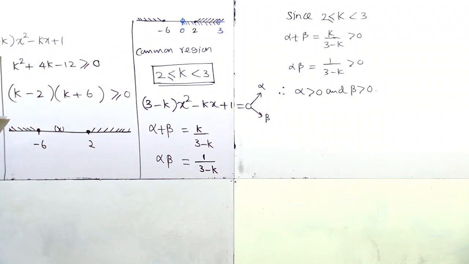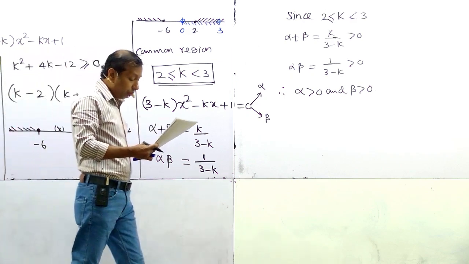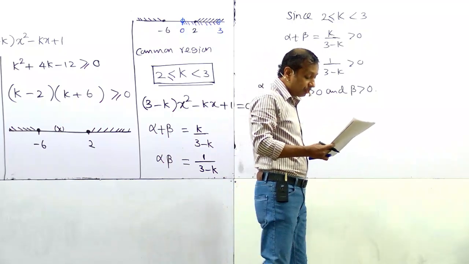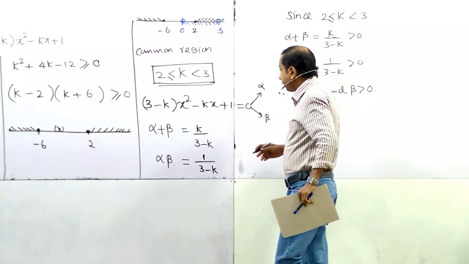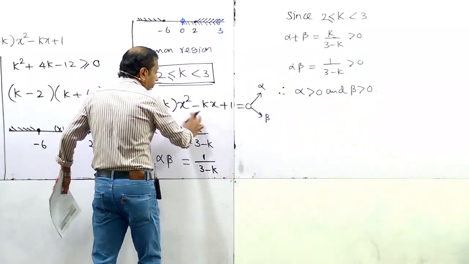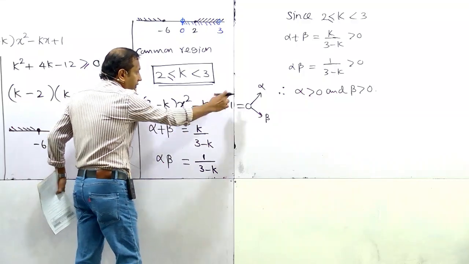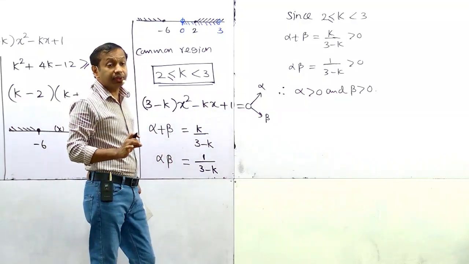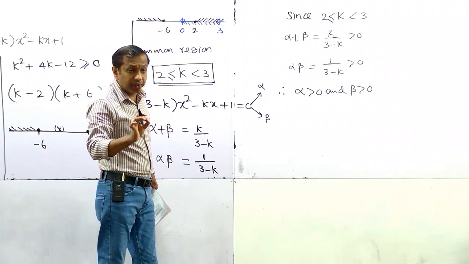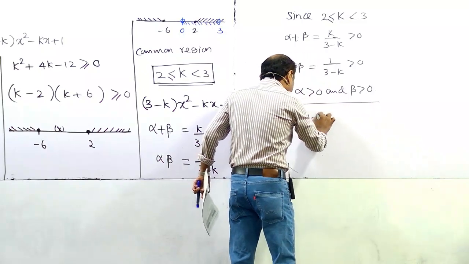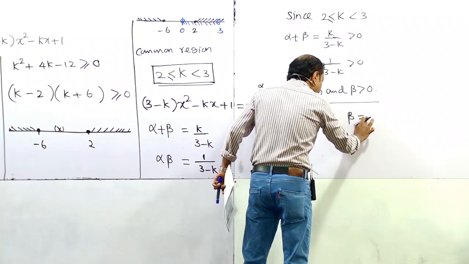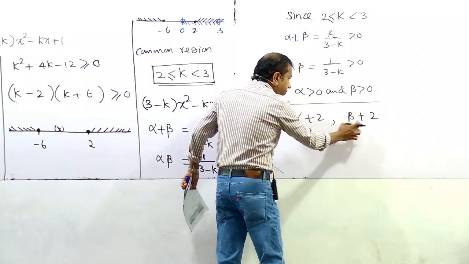Our next one: show that the quadratic equation with alpha plus 2 and beta plus 2 as roots is this. Now, the given equation has the roots alpha and beta. Now it is asking for the quadratic equation with the roots alpha plus 2 and beta plus 2. These two roots are symmetric.